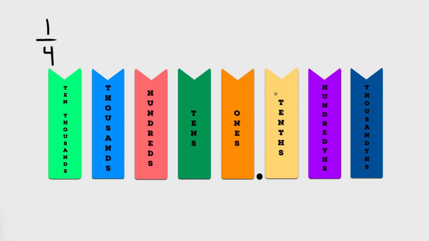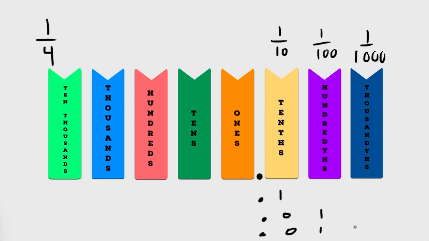Notice tenths, hundredths, thousandths, and if we wrote them as a fraction, they have the same ring: 1/10, 1/100, 1/1,000. And if we wrote them as decimals, 0.1, 0.01, 0.001.